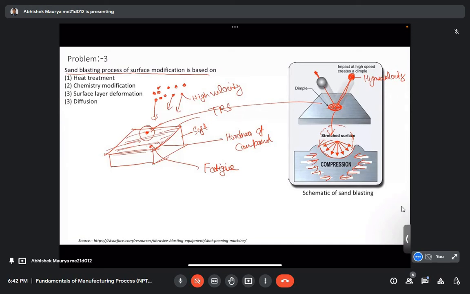Therefore there are two advantages because of this sandblasting. The fatigue life is improved and wear resistance is also improved. That happens because a thin layer of the surface gets plastically deformed, and finally we get compressive residual stress.